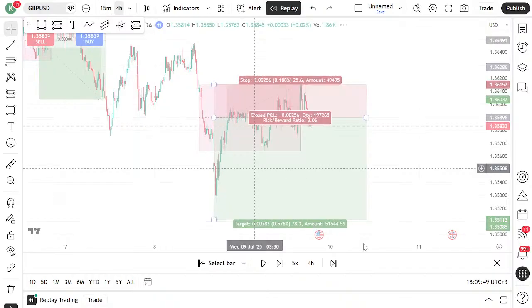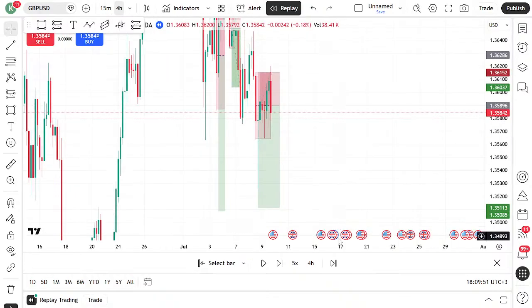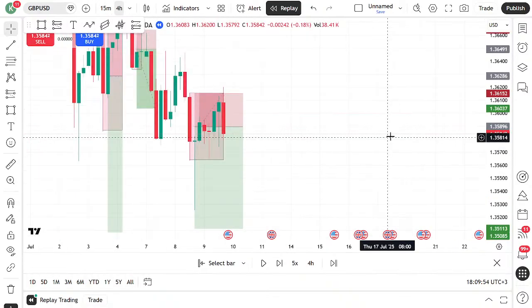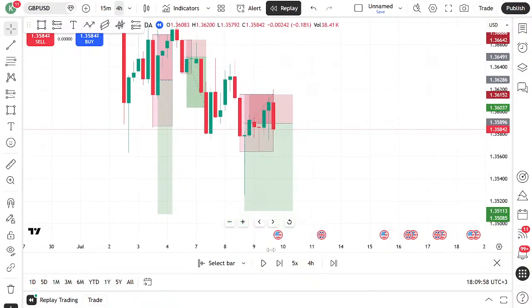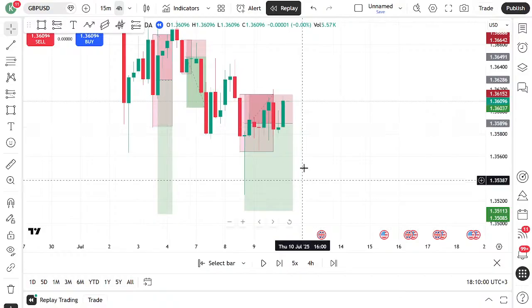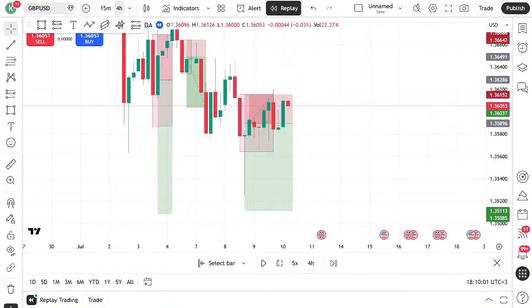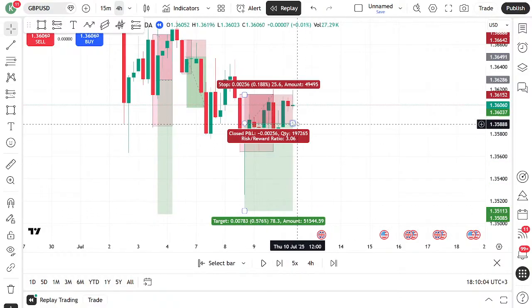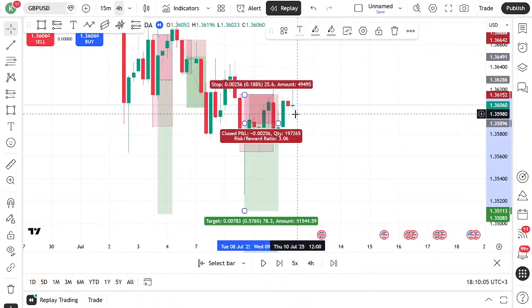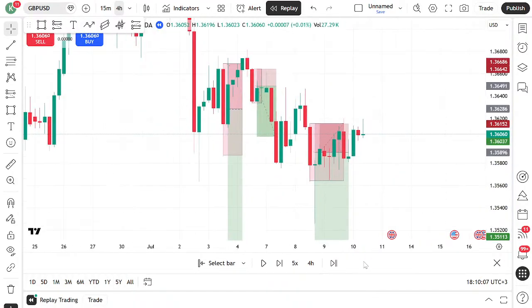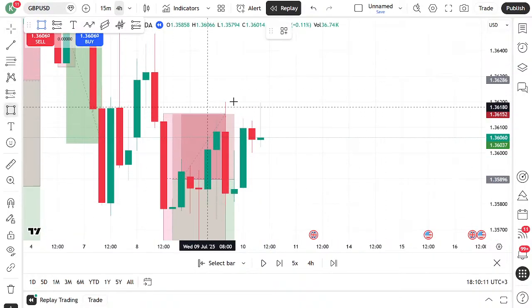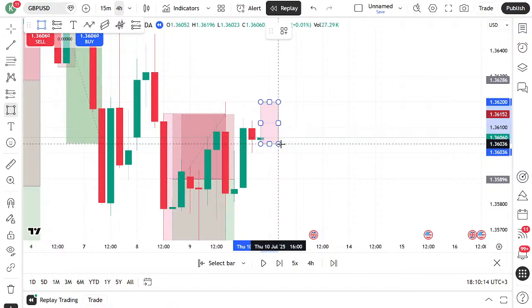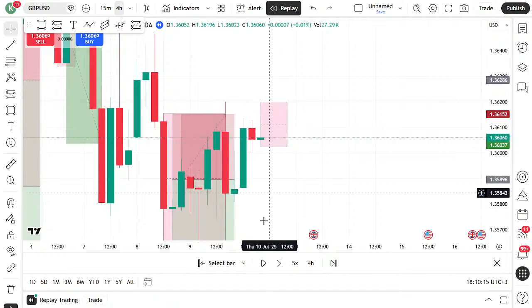So we're going to look at all entries that were valid this month. This is the 16-hour candle. Let's move on to Wednesday at 8 a.m. So here is a Thursday 8 a.m. candle. Mark its high and its low.